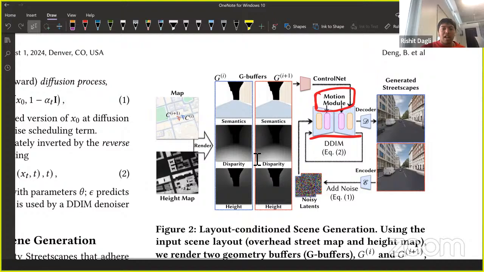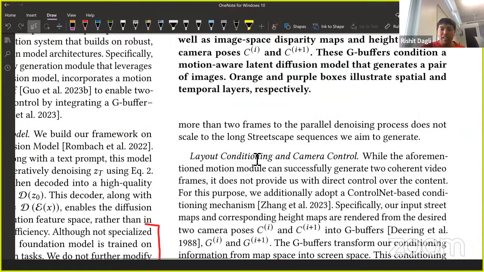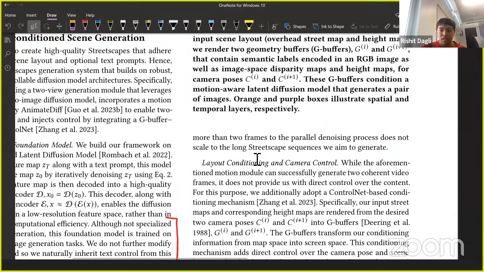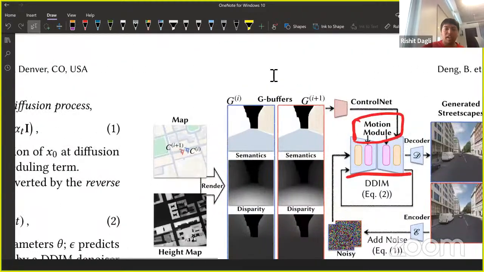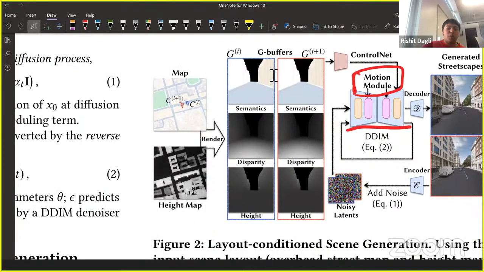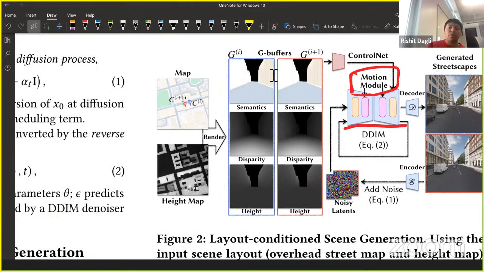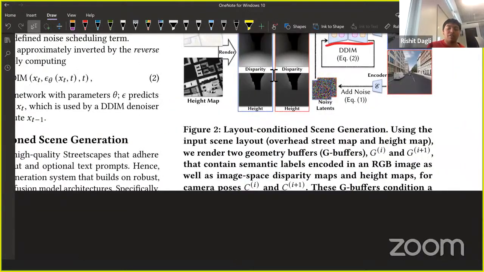Then they talk about how they do this. Particularly, you have all of these different poses for the ith frame and the I+1th frame, which you get by just rendering both of these inputs, and then you use these as conditioning in a ControlNet style way.